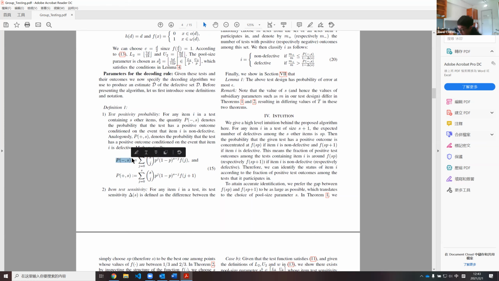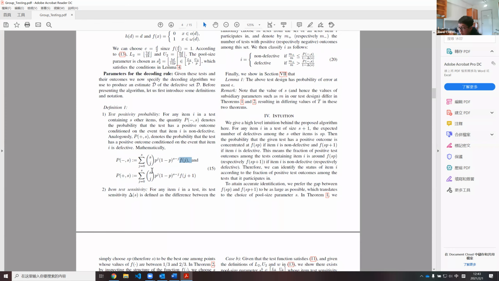Here we define P minus S as the probability that the outcome is positive when I is non-defective and there are S other items. Here the minus stands for I being non-defective. It can be computed from the probability that there are J defectives in the S items, and the probability of a positive outcome given J defectives, which is Fj.